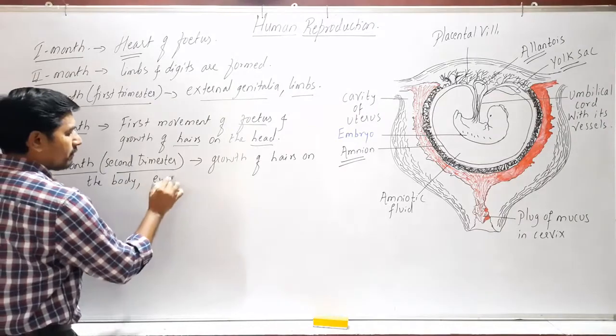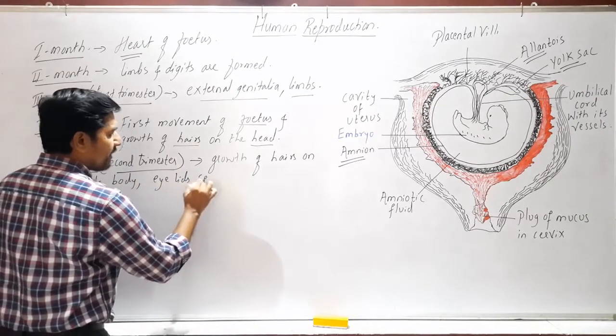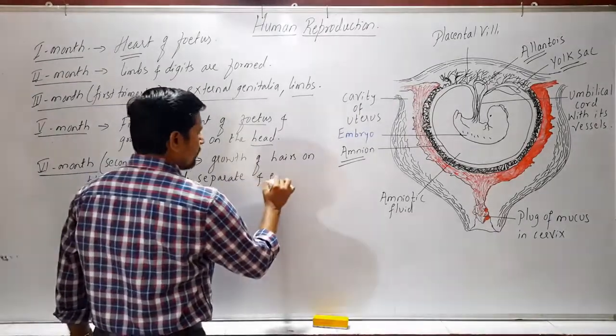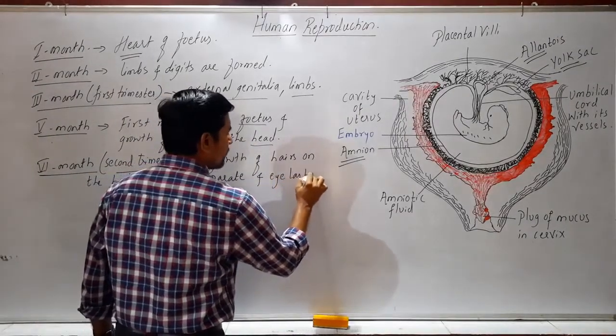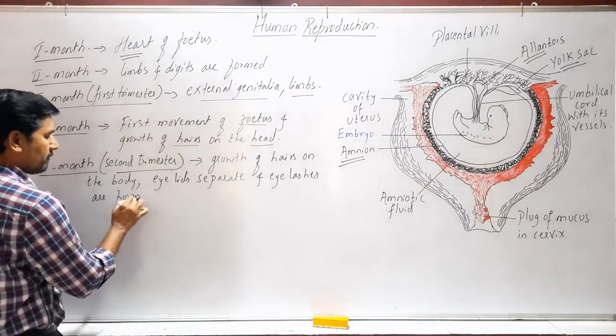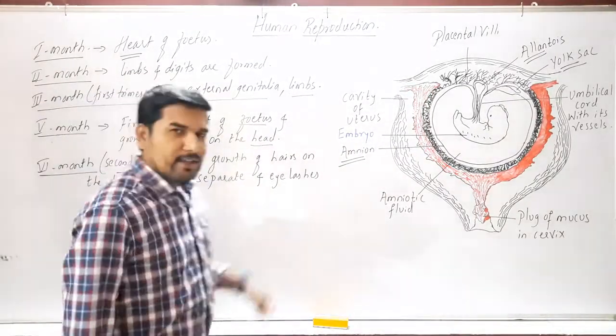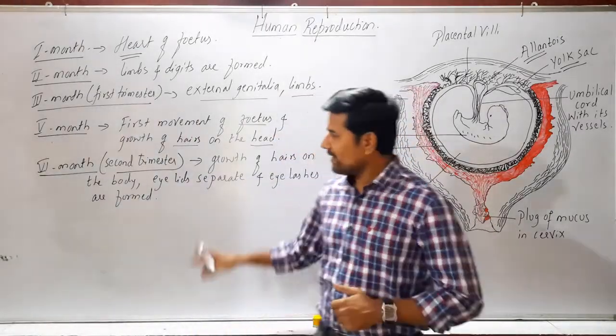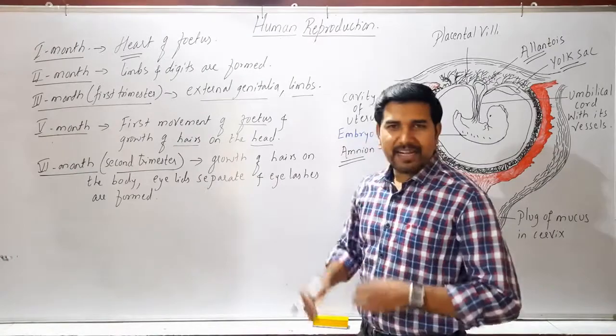Then eyelids separate and eyelashes are formed. So the eyelids get separated and eyelashes are formed at the end of the second trimester.